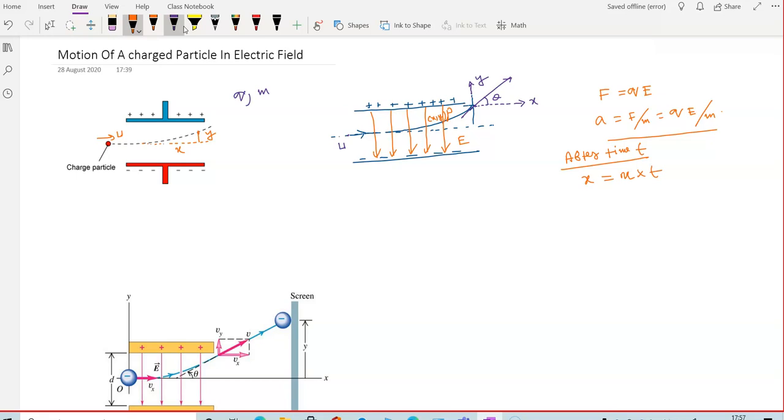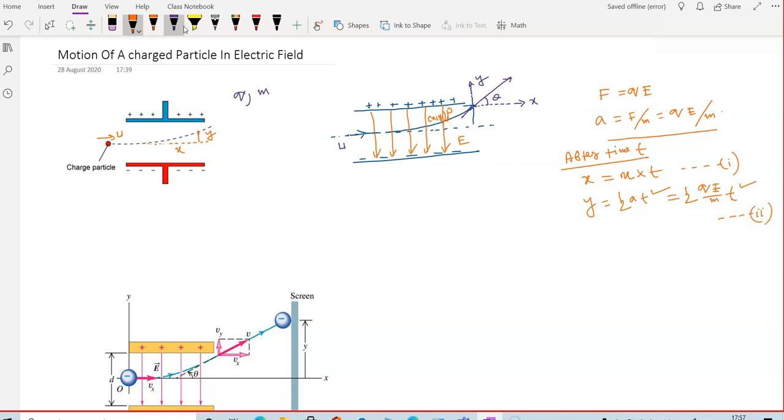And the vertical displacement y will be equal to half a t square. a is nothing but QE by M, into t square. This is number 1 and this is number 2.